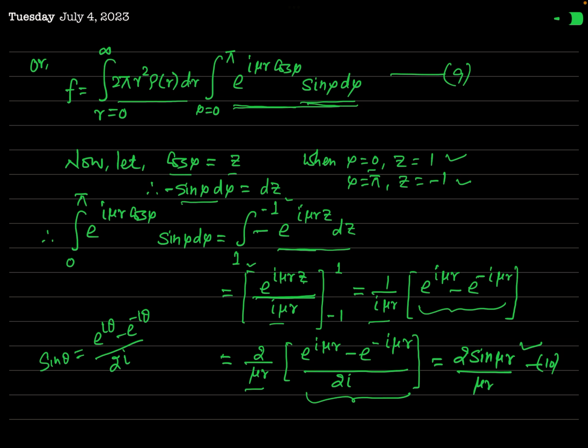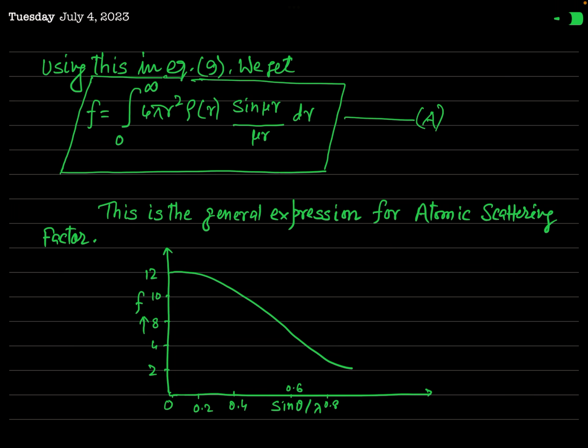Although there is no need to make this calculation, you can remember this result and directly put it in equation 9. So now let us use equation 10 in equation 9, and you can write what f will be. In this condition, f will be equal to the integral from 0 to infinity of 4 pi r square rho of r times sin mu r over mu r dr. Okay, and this is actually the general expression for the atomic scattering factor.